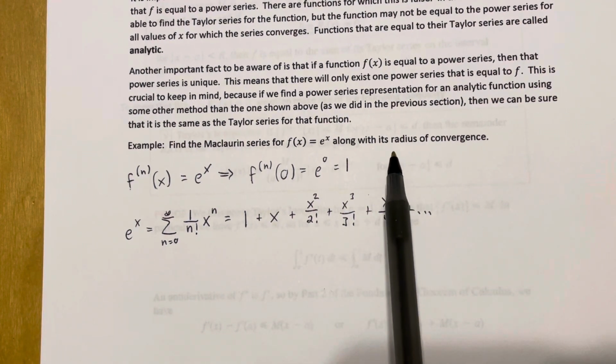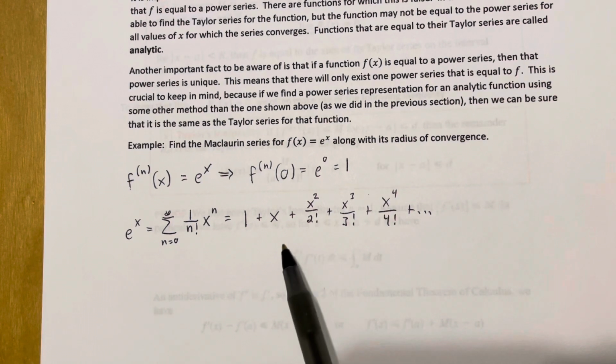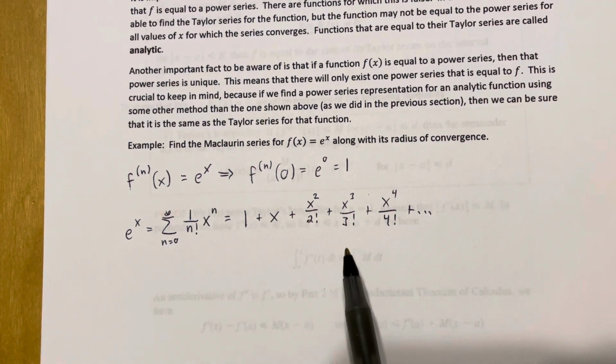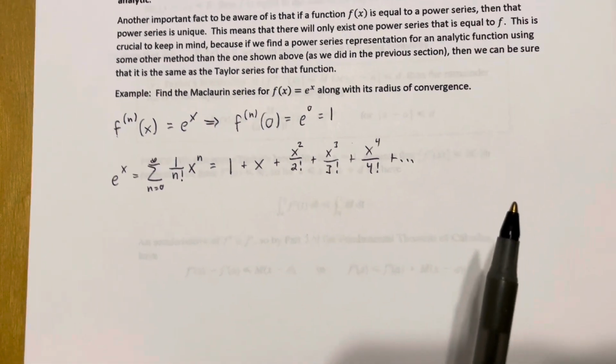There was another part to this question. We needed to find the radius of convergence for this power series, and we can do that like we've done before by using the ratio test.